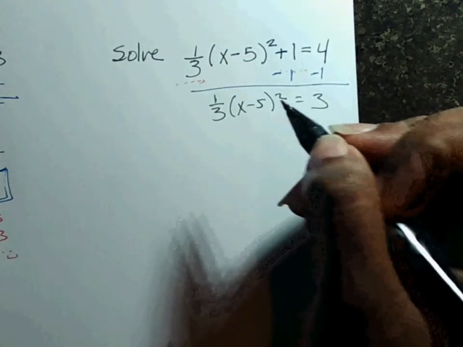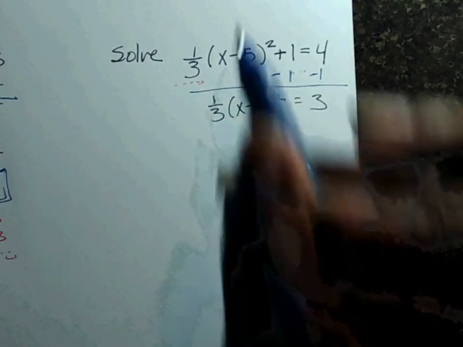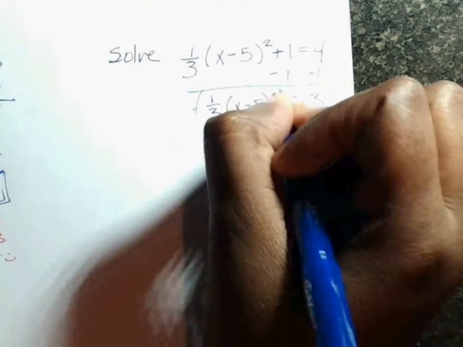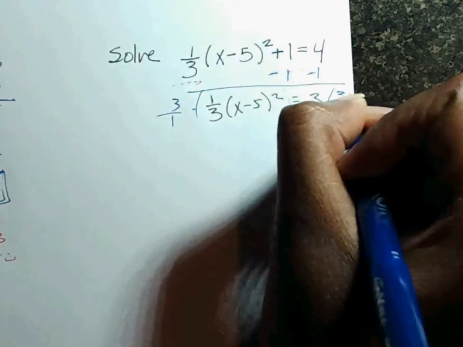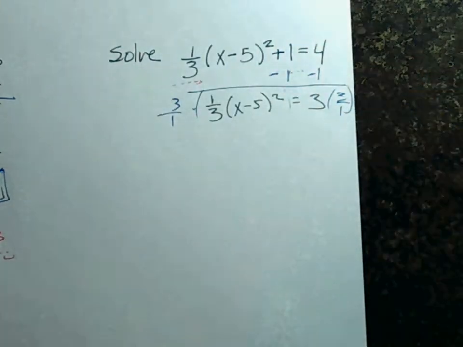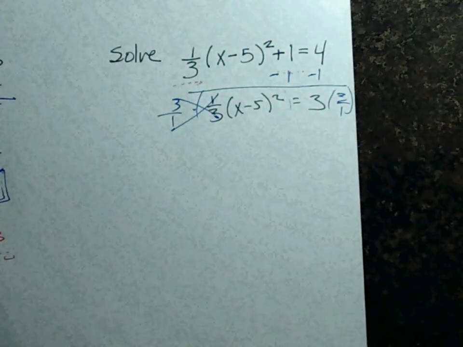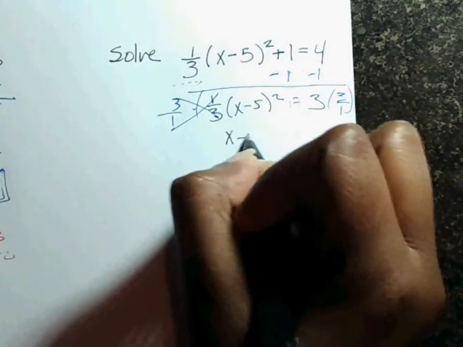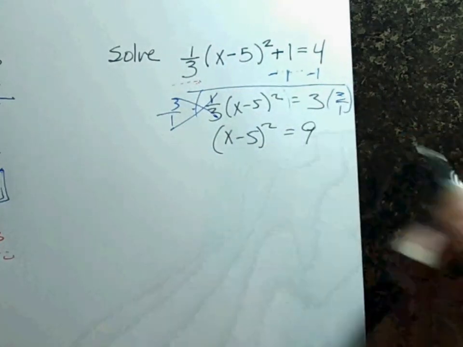In this case, 1/3, when you flip it, becomes 3/1. So you're going to multiply this entire side by 3 and this entire side by 3. 3/1 is 3. That's how you get rid of that fraction. You're left with x minus 5 squared. 3 times 3 is 9.